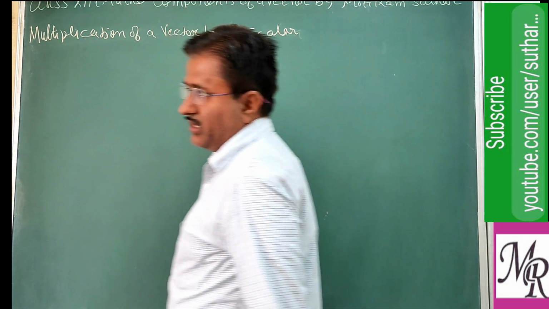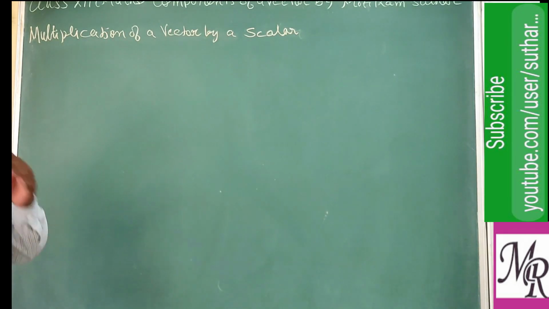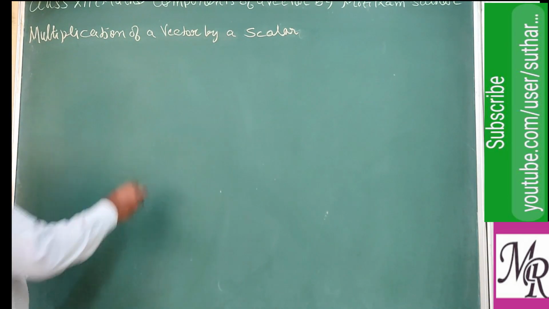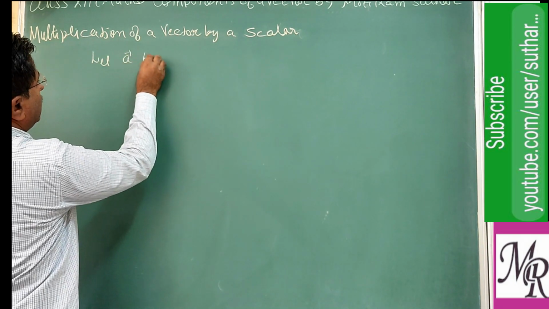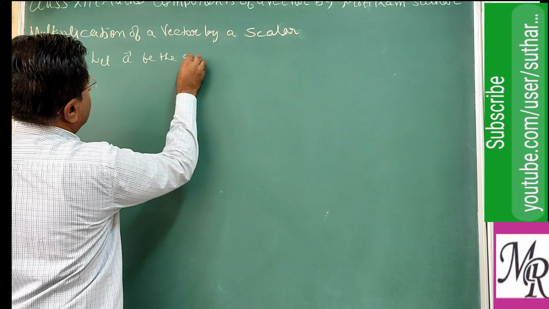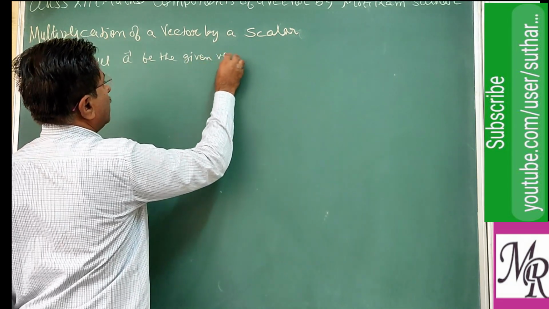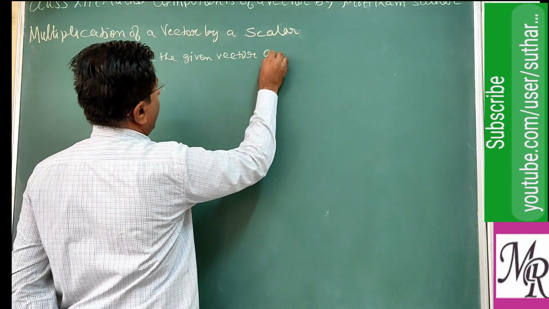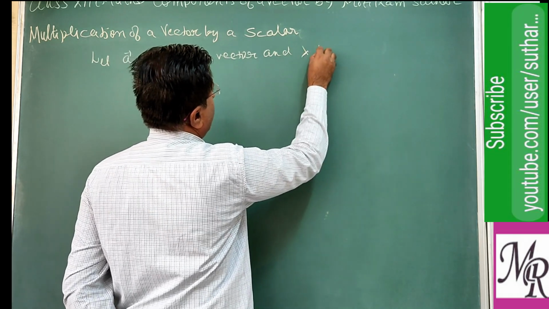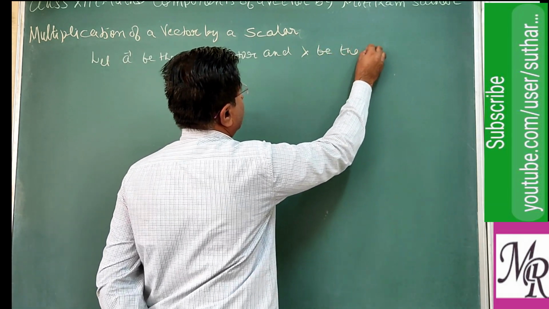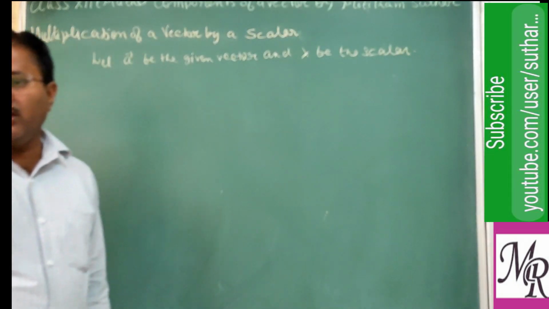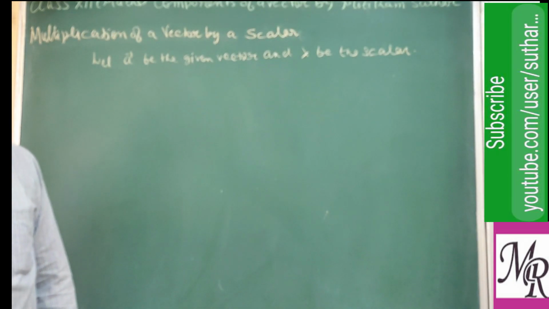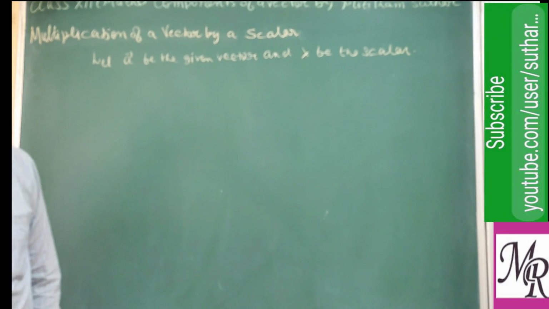Let vector A be a given vector and lambda be a scalar. We are given a vector and a scalar. Now how do we multiply these?